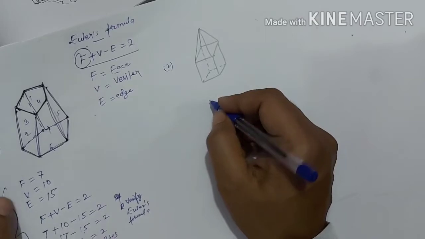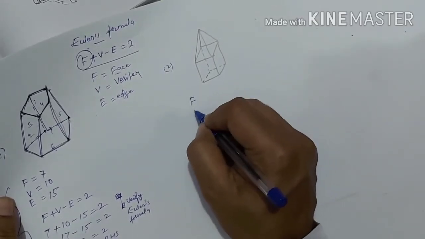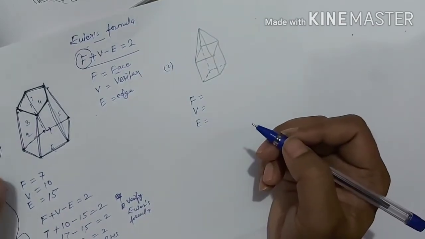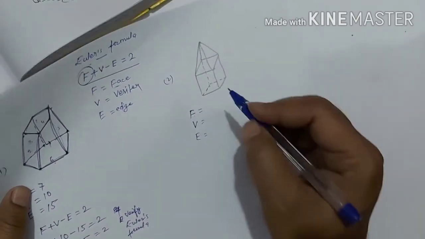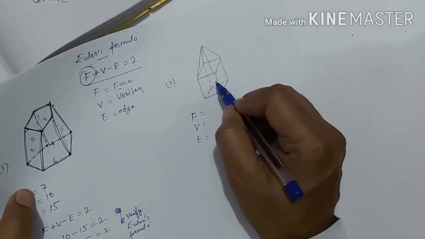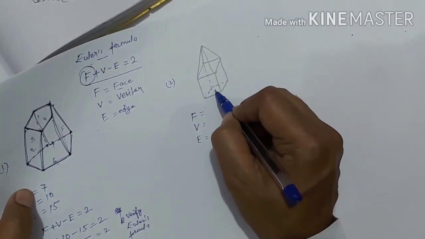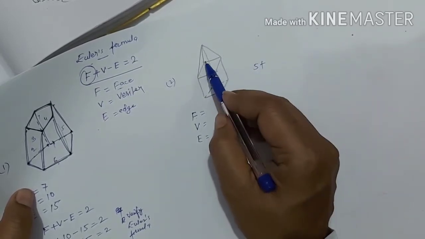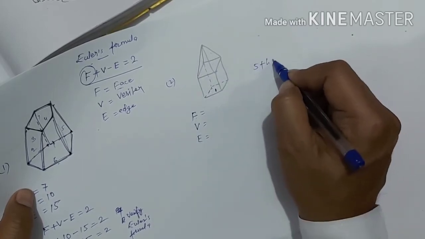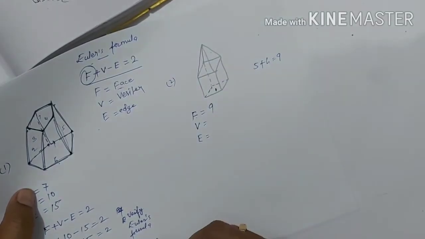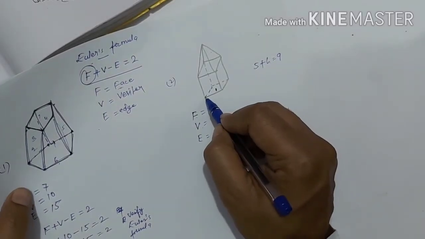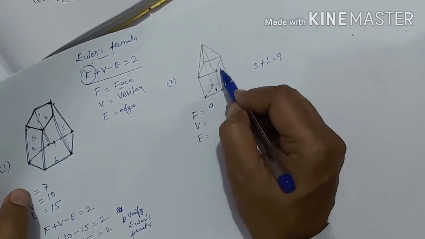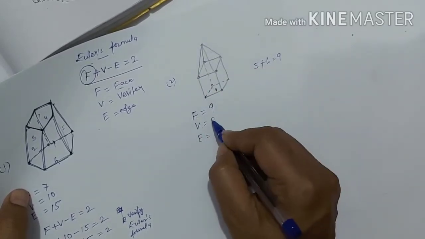Next, first we find the number of faces, second the number of vertices and number of edges. Here first faces: down is a square, cube is one surface down and 4, that is 5, and 1, 2, 3, 4 triangles, so it is equal to 9 surfaces. Vertex means 1, 2, 3, 4, 5, 6, 7, 8 and 9.